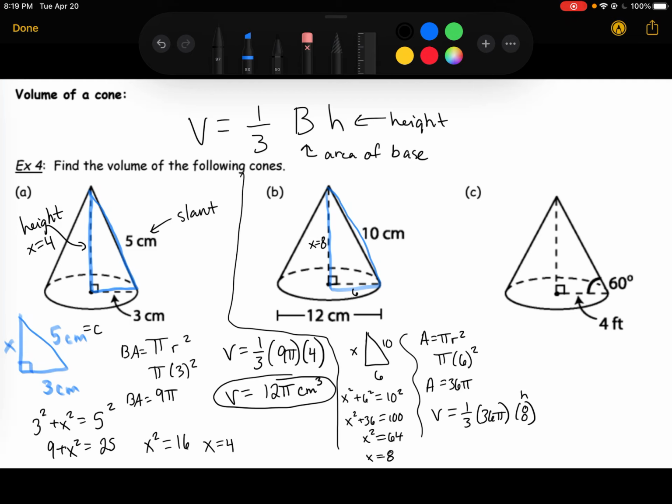So area of the base is 36 pi. And we can now plug this into our volume formula. So 1/3 times 36 pi times 8, which is our height. So just punch those into the calculator now. So 36 times 8, divide that by 3, and we'll get our volume here of 96 pi cubic centimeters.